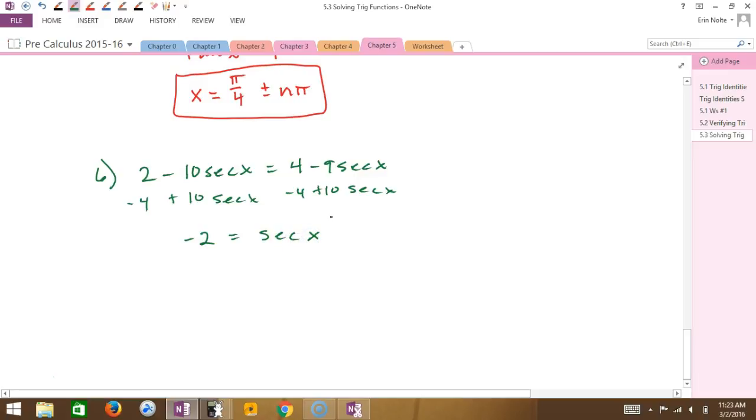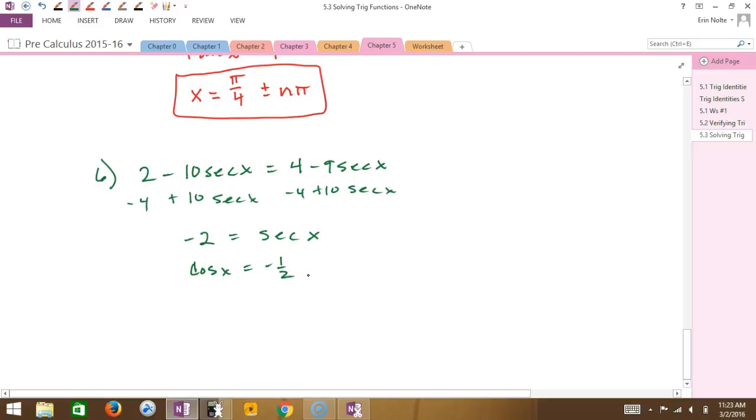Okay, so I'm going to do the same exact thing that I did on question number 2 because I'm dealing with the secant. So what is the reciprocal of the secant? Cosine. So I'm going to have cosine, and then what's the reciprocal of negative 2? Negative 1/2. Good.